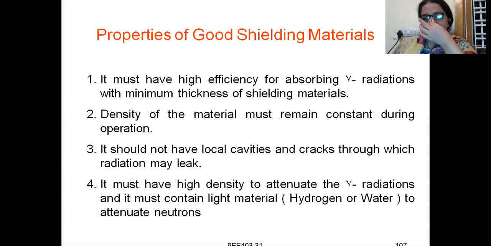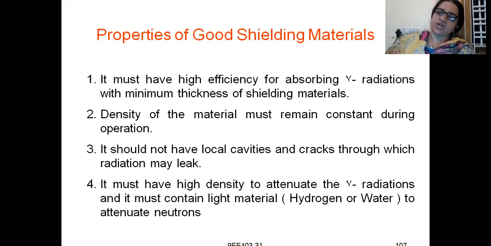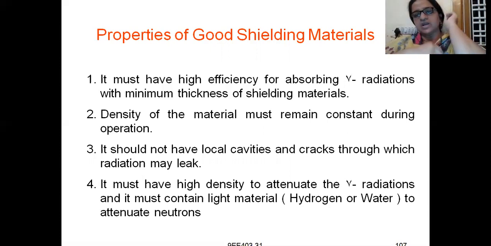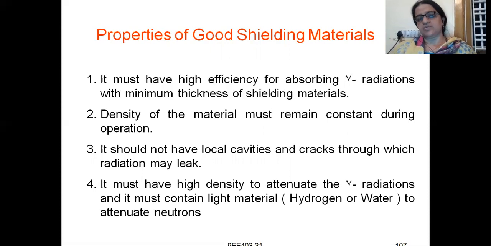What are the properties of good shielding materials? Okay, let us discuss them. It must have high efficiency for absorbing gamma radiations with minimum thickness of shielding materials. Whatever shielding materials you are using, for inner shield and outer shield, they should have high absorbing capacity for gamma radiations with minimum thickness.